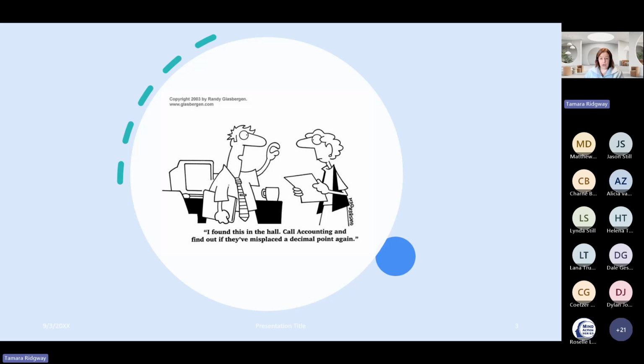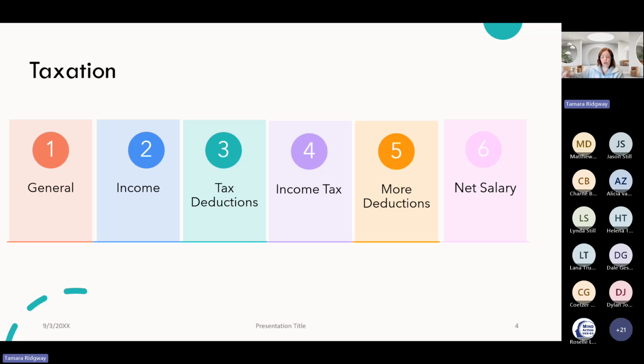It can be taught all in one, but I personally just find it very overwhelming. So what I do is I have broken it up into 6 sections. The first is just general.